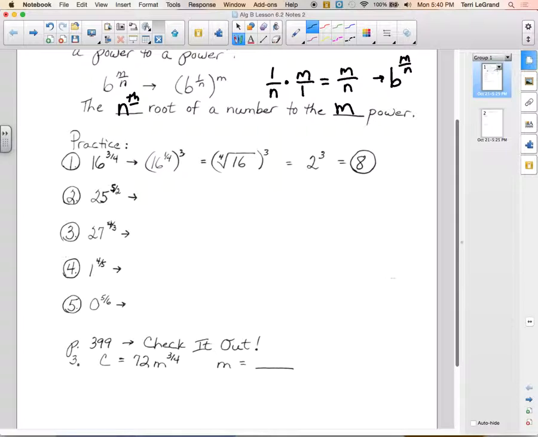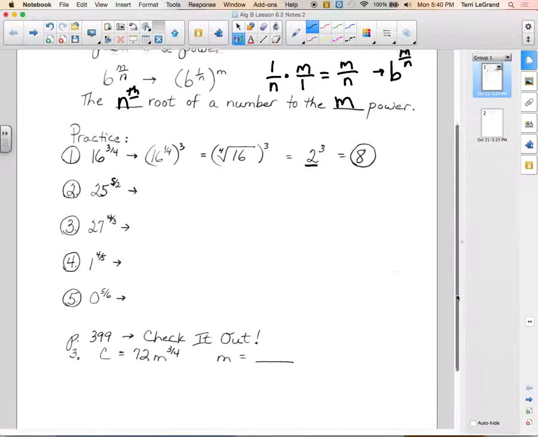So the 4th root of 16 means what times itself 4 times gives us 16, and that's 2. That 2 is now taken to the 3rd power, and we get the answer of 8. So if you did 16 to the 3/4 power in your calculator, you would end up with 8. The simplified answer is 8.